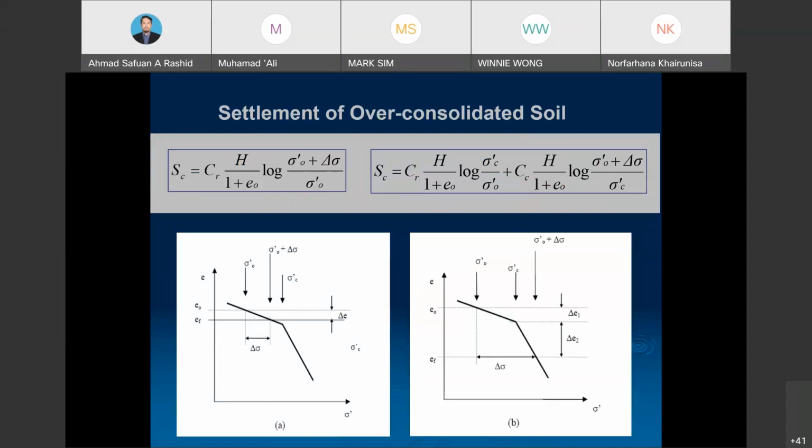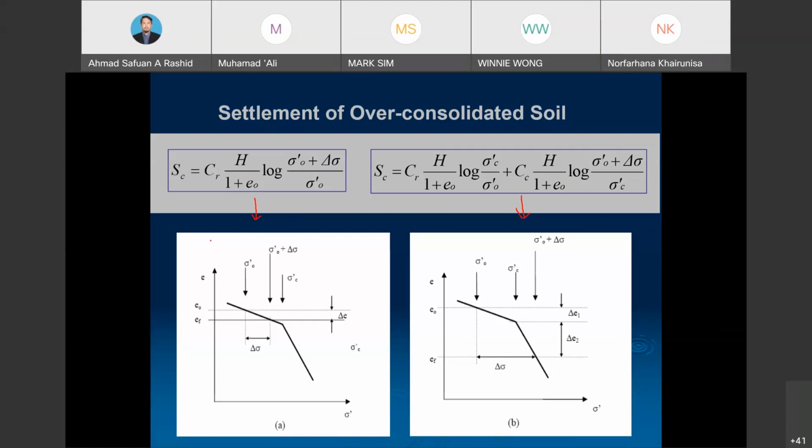Then we have another equation which covers the over consolidated soil. For the over consolidated soil, we have two types of equation. This is the first one, while this is the second one. For the first one, SC is equal to CR over H over 1 plus E naught, log sigma naught plus delta sigma over sigma naught. When should we use this equation?